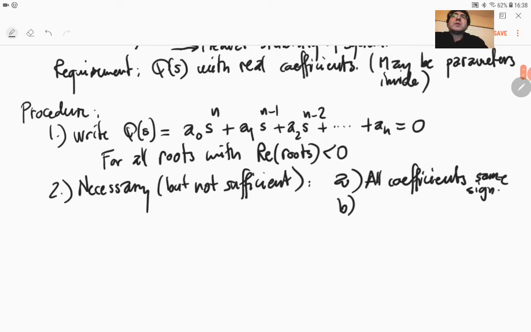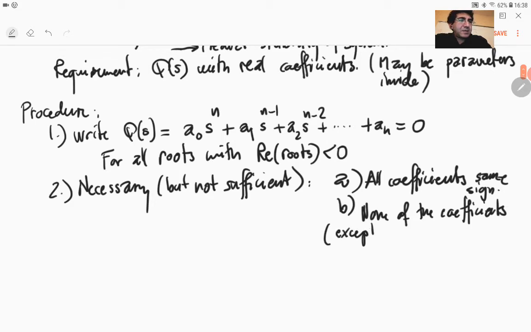And also none of the coefficients, except maybe the first and the last, A0 and An, should vanish.